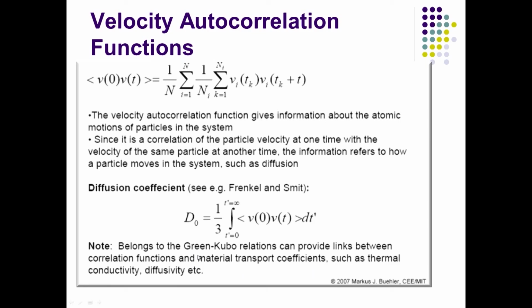So, now we are getting into a very interesting area with velocity autocorrelation to understand the dynamical properties of materials, which are the transport coefficients, as well as other advanced properties such as vibrational spectroscopy or vibrational frequencies, which we sometimes also call power spectra. So, we will pursue this further.